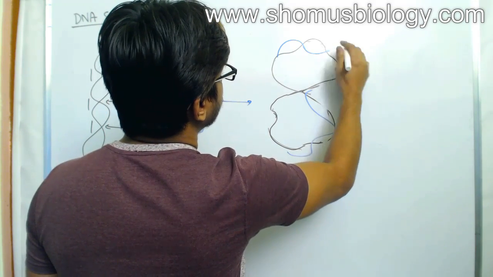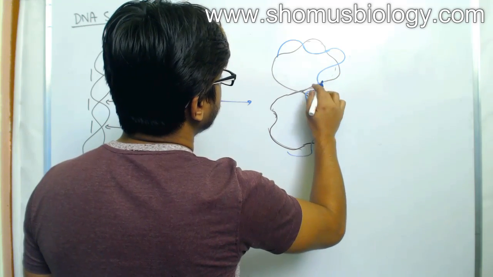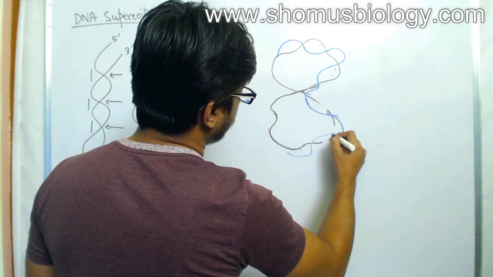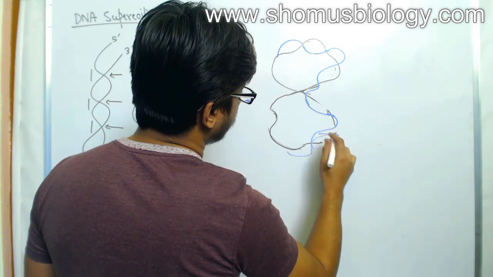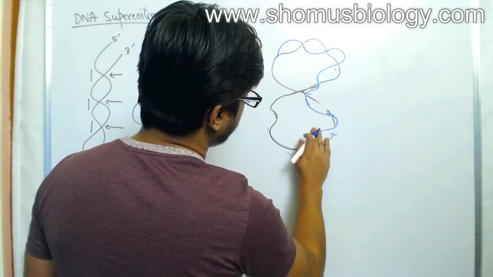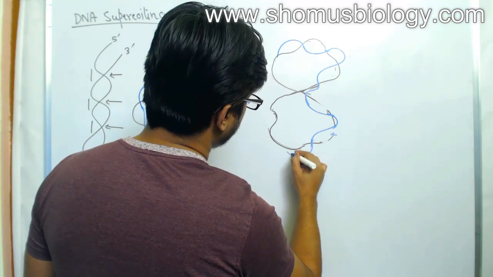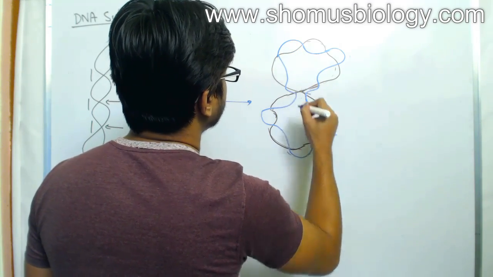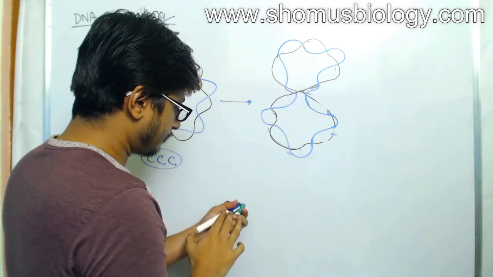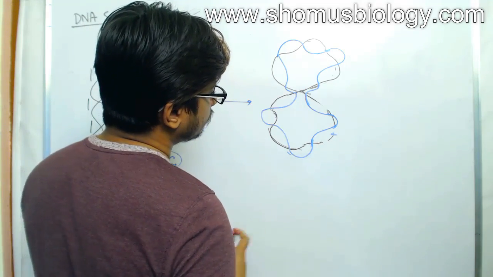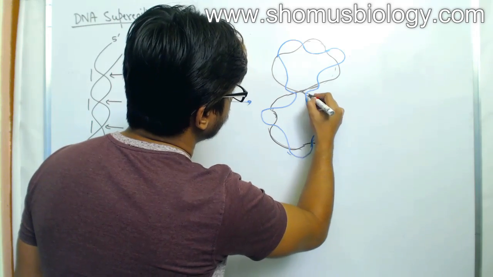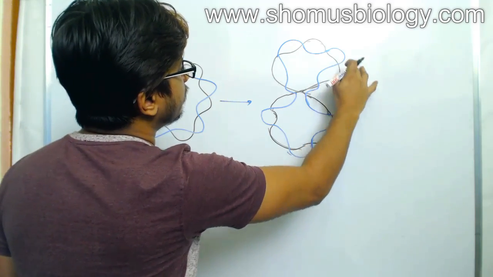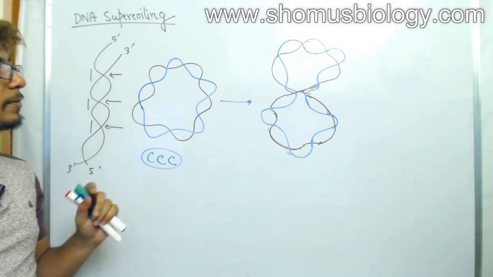This point, and this point, and this one. So it will look something like this. I'm just trying to draw it arbitrarily because it's difficult to draw the picture here.